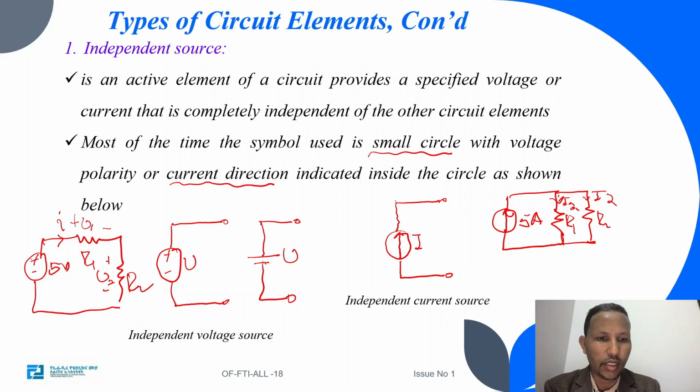This current I1 will not have an impact on the 5 ampere current source, and I2 will not affect it. Similarly, the voltages on R2, V1 and V2, will not affect the 5 ampere current source. So they generate energy by themselves.